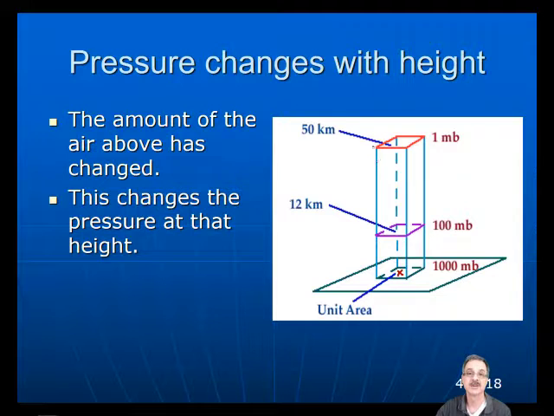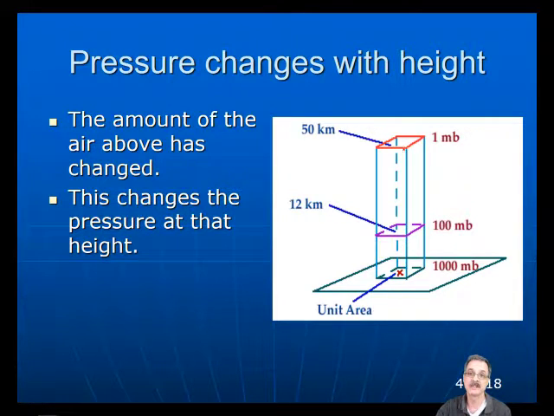All right, so as we go up in height, the pressure changes. Usually standard atmospheric pressure is 1,000 millibars. If we go up to 100 millibars, that is 12 kilometers high, and the pressure there is 100 millibars because there's a smaller column of air above us.